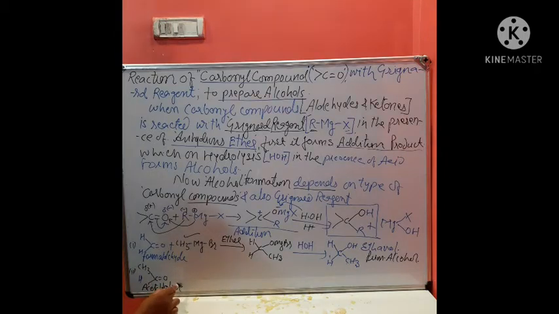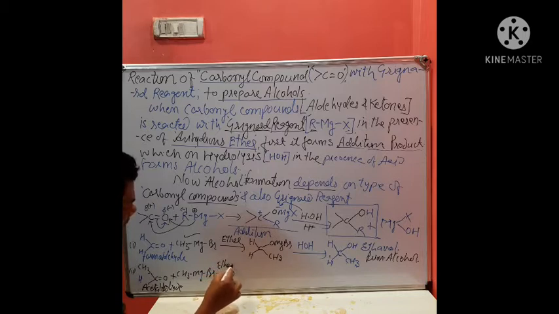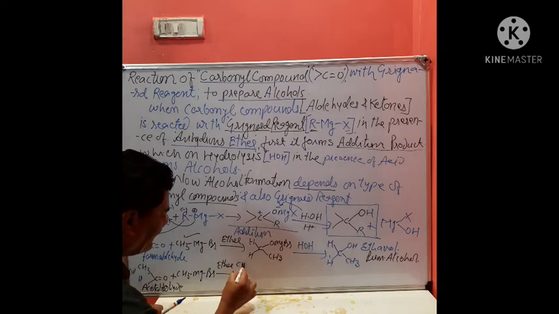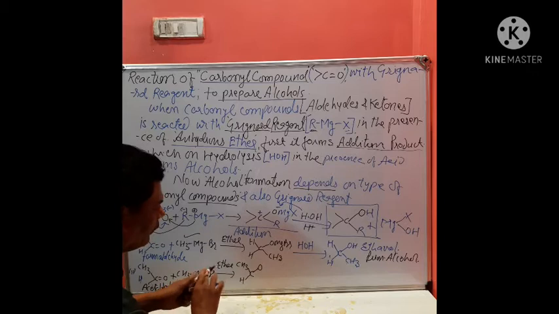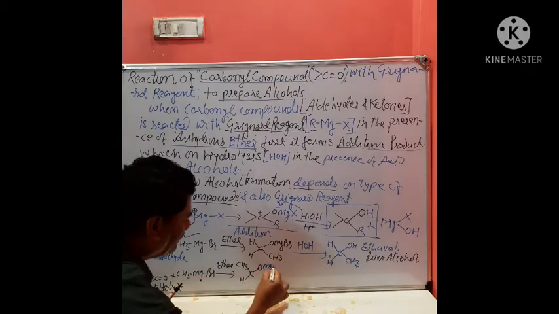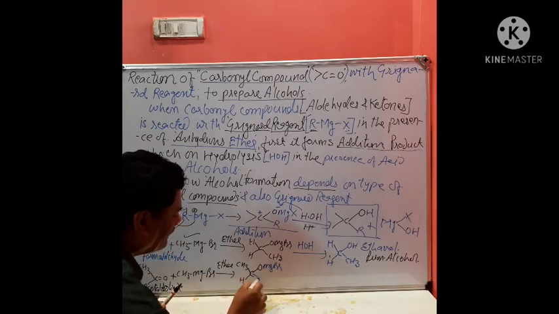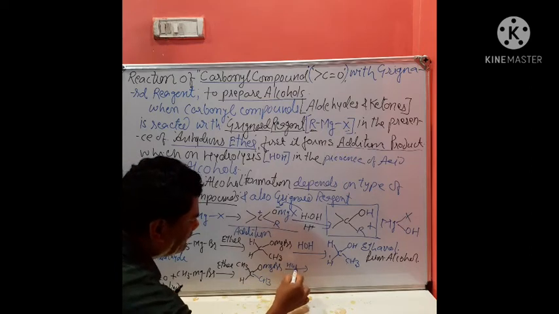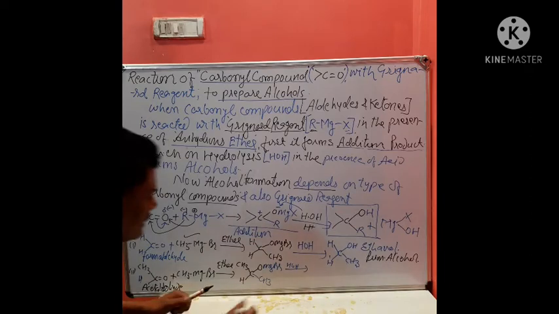So if I take acetaldehyde plus, again I place here CH3, Mg, and Br, under the same condition, in the presence of anhydrous ether. Now there will be CH3, C, H, O, MgBr, and CH3. And upon hydrolysis, that is HOH, the final product will be what?